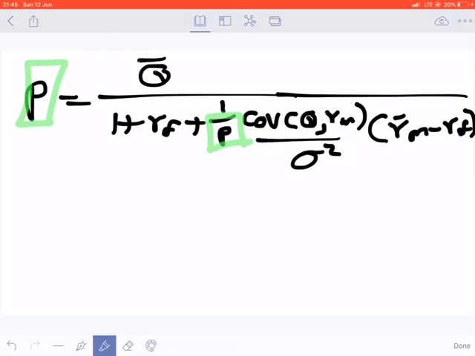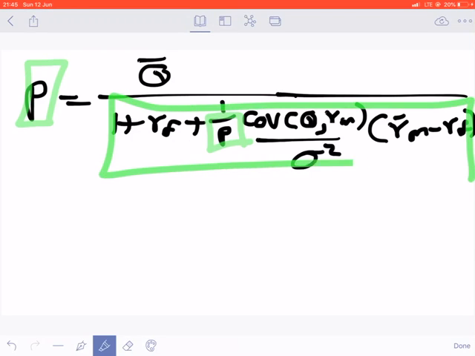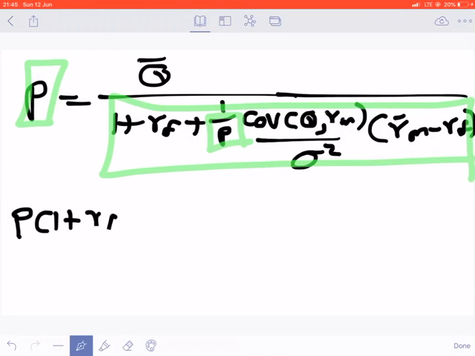So how do we make P the subject of the formula? We're going to multiply this denominator over here on both sides. If we multiply both sides, you will be left with P(1 plus RF), right? And then you would just have the other side as well.